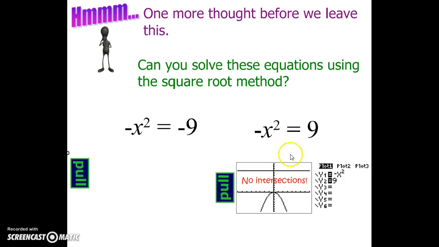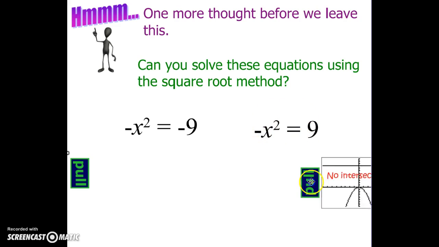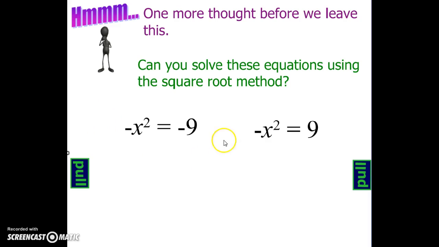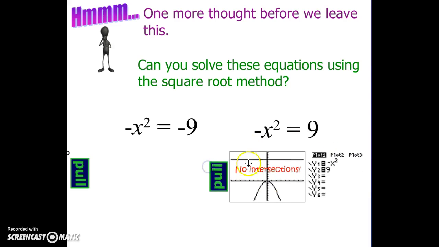So if I divide both of these sides by -1 to get this positive, then it makes this negative, and it's not going to work out. So this one I can solve using the square root method because I divide both sides by -1 first. This one, no matter what happens, I'm going to have to do the square root of a negative, which doesn't work out. And it doesn't work out because there's not an intersection, so that's why it's not working.